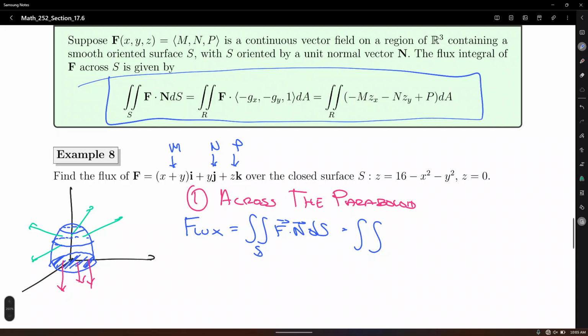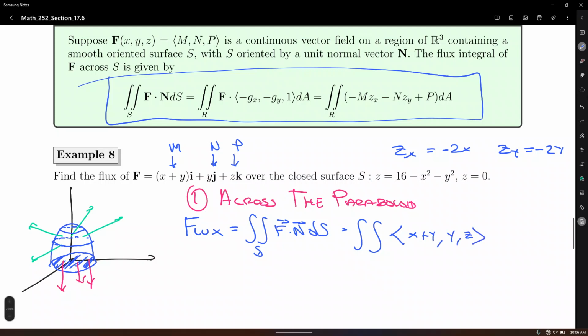So what else do we need? We need partial derivatives, right? The partial derivative with respect to x is negative 2x. The partial derivative with respect to y is negative 2y. Let's set up the integral. That is x plus y, comma, y, comma, z.